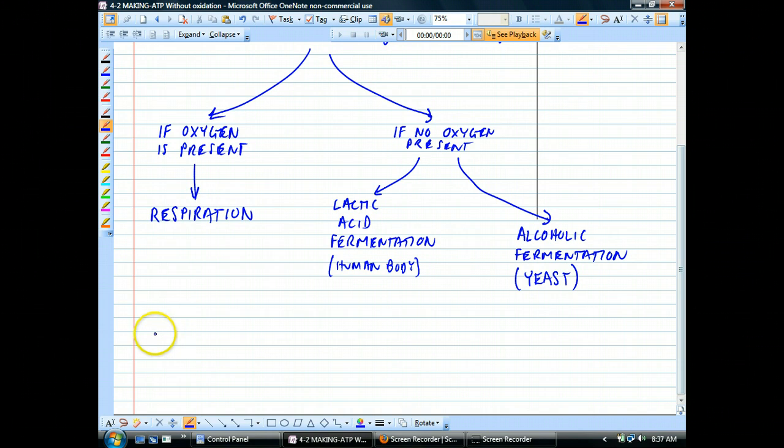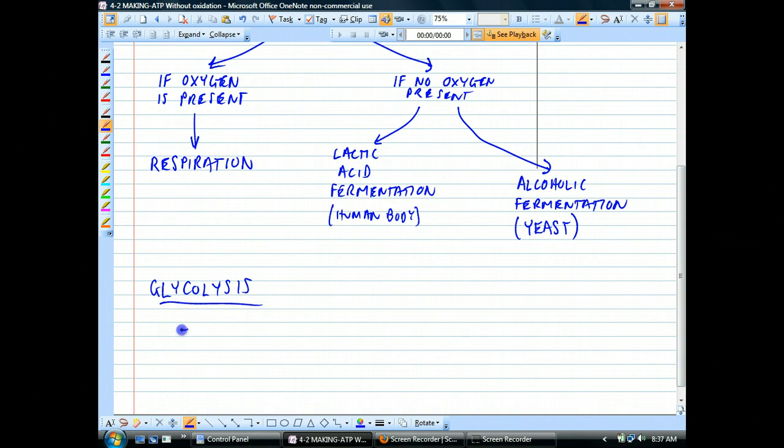Now, we're going to go through each of these. We're going to start with glycolysis, all right? So let's start with glycolysis. Okay, to start with a summary. Glycolysis is the breaking down of glucose. It occurs outside of, now this is important, folks, it occurs outside of the mitochondria.